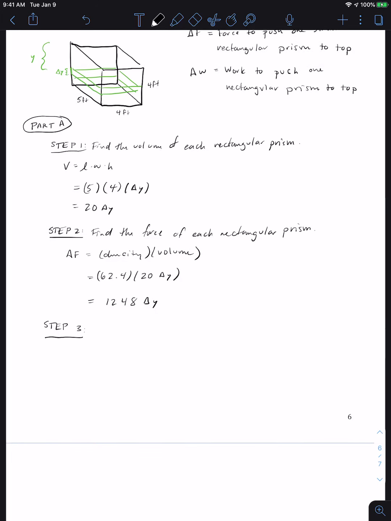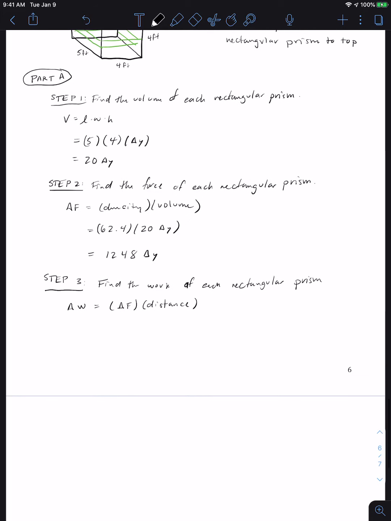Delta W here again is equal to our delta force times the distance that each one of those travels. Step 3 is finding the work of each rectangular prism.